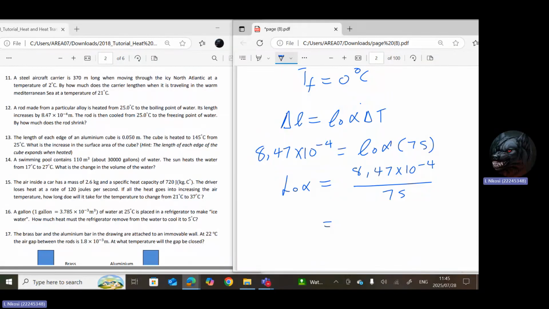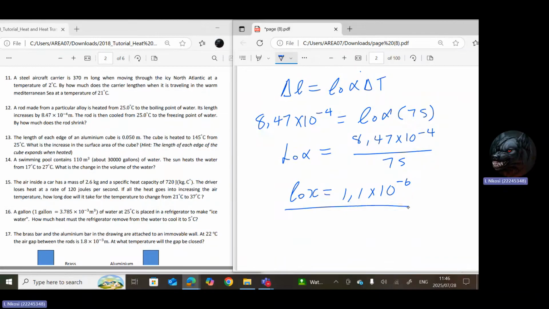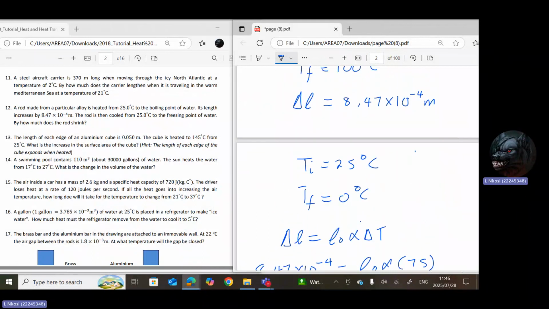When you punch it in the calculator, I get 1.13 times 10 to the minus 5. That's your L0 alpha. You can use this in the second data to find your change in length.